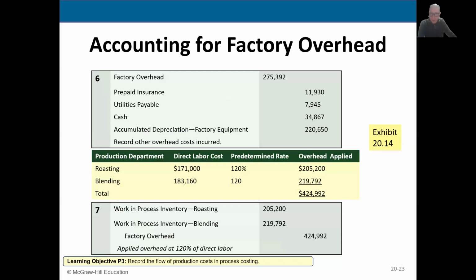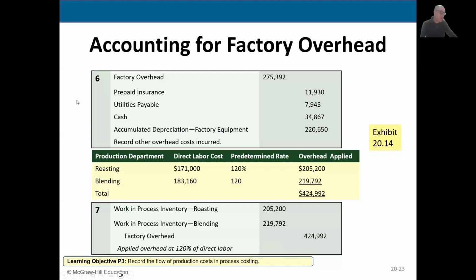We then, of course, need to apply that factory overhead to each department. And the way we do that is through the predetermined overhead rate.